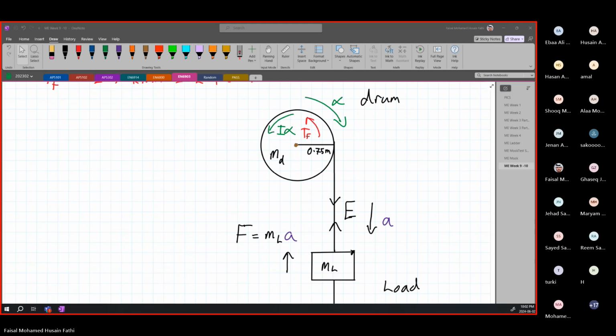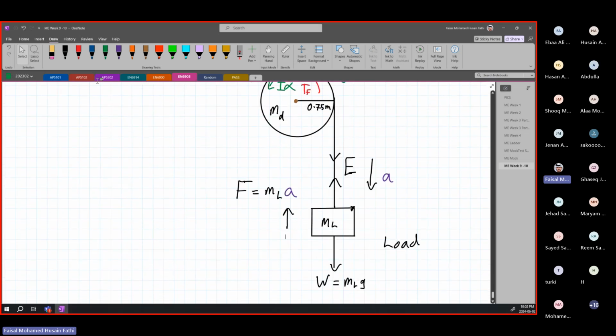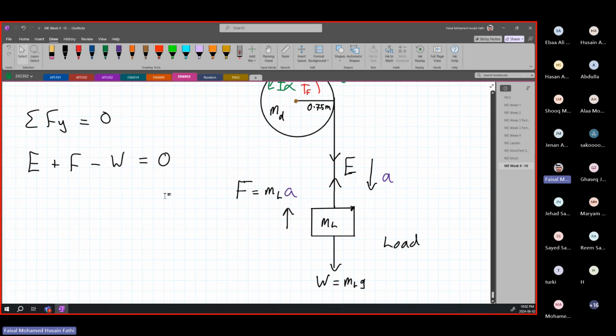Now here, if you notice, our friction force or the inertial force now has changed. So now when we want to do our sigma Fy equals 0, our tension is still in the same direction. Our E is still up. There's still tension upwards in the wire. So E is positive, plus F minus W is equal to 0, because now F is in the upwards direction.